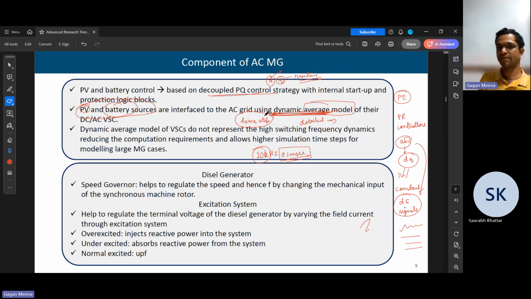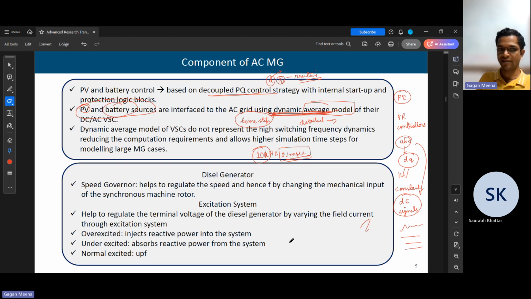The time step which is used for the model: when we are solving any model, let's say we are using Simulink, we need to specify the time step. And the time step which we specify depends upon what we want to see.